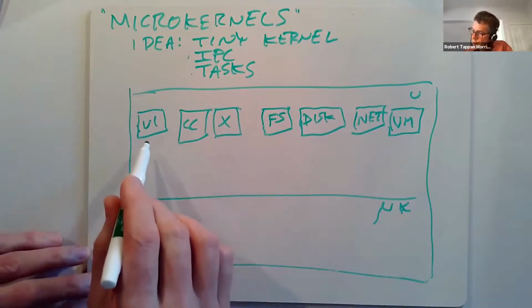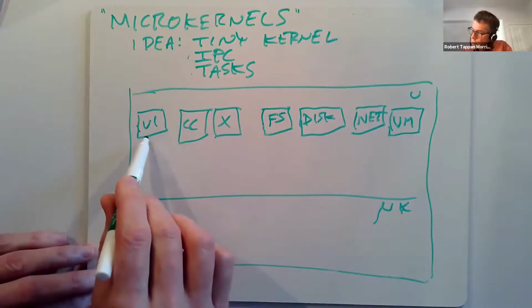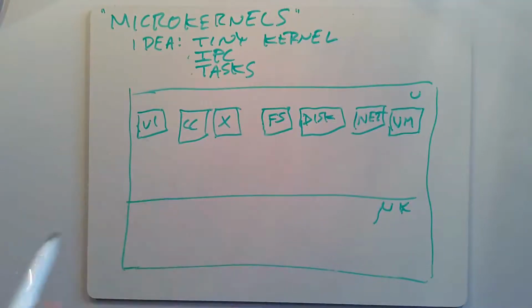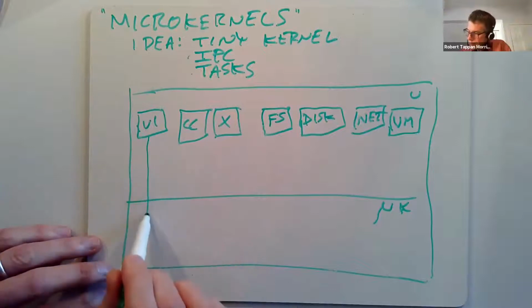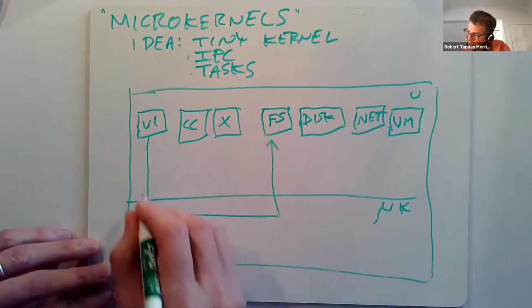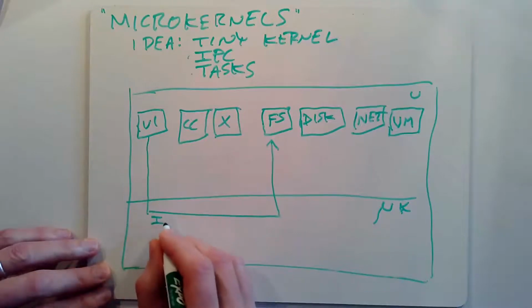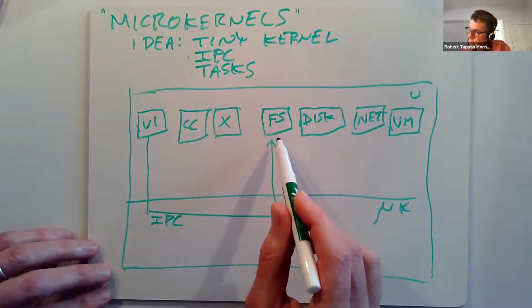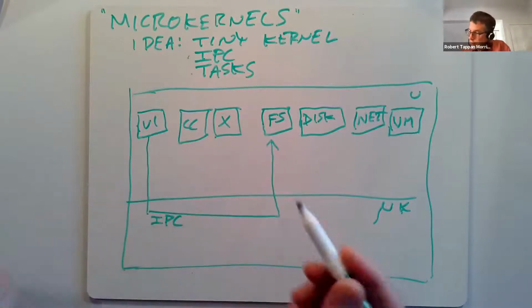And when my text editor needs to read a file, it needs to talk to the file system. So it's going to send a message via IPC, inter-process communication, to the file system server, which has all the file system code in it and knows about files and directories.